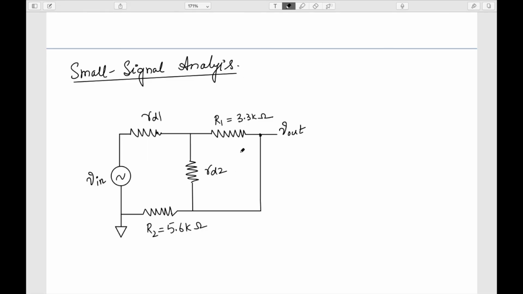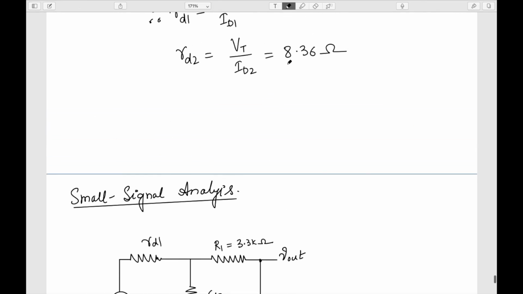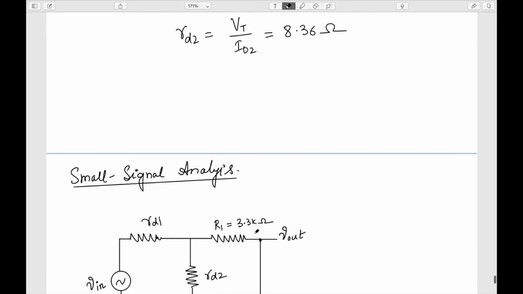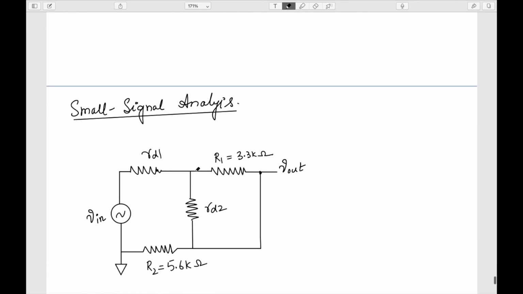If you see, this can be easily simplified. These two resistances are coming in parallel, and because this RD2 is only 8.36 ohms and this is kilo ohms, finally we'll have only this RD2. So the equivalent circuit will become something like this.